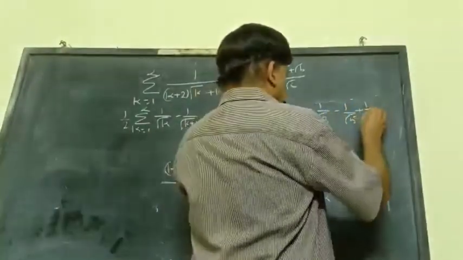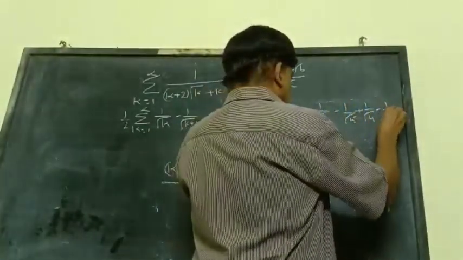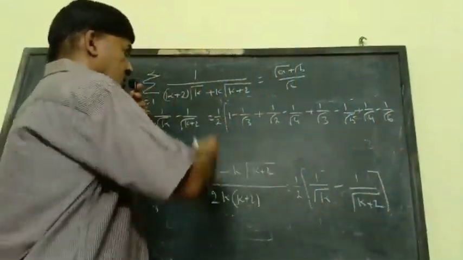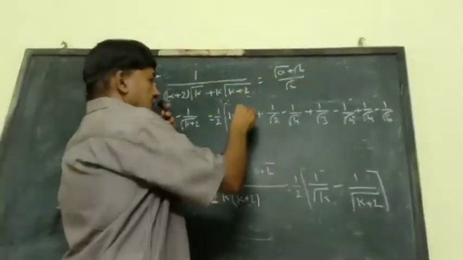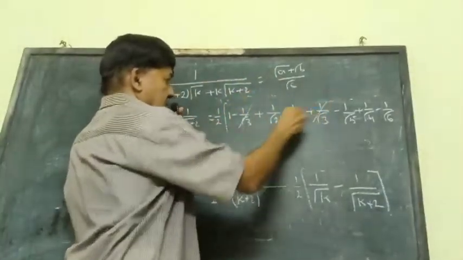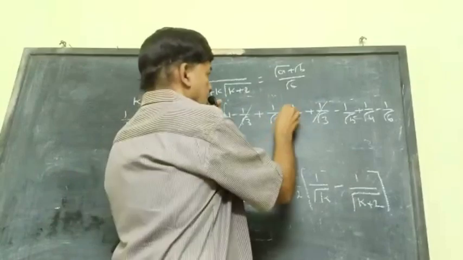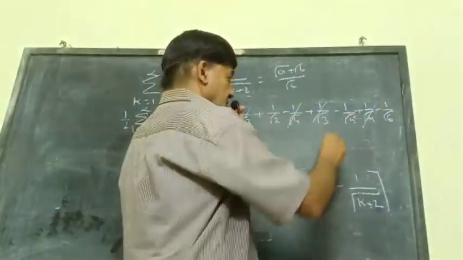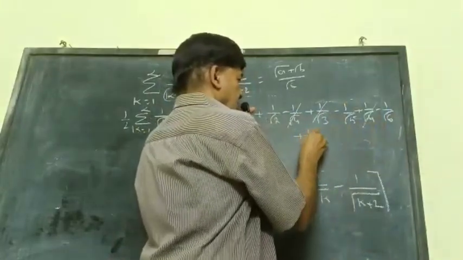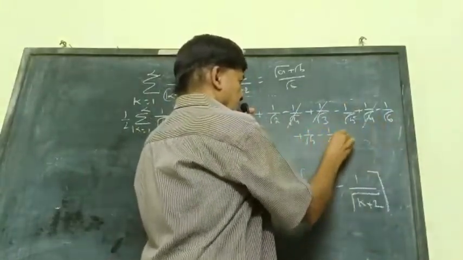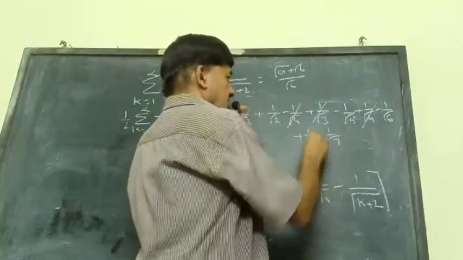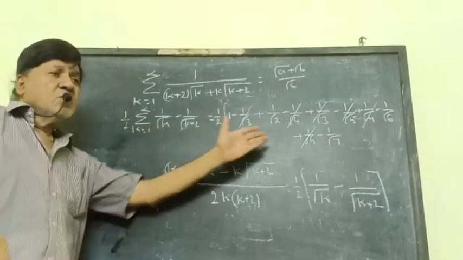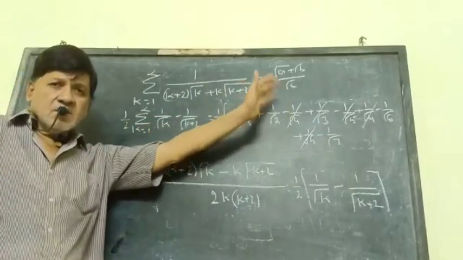Plus k4, 1 by root 4 minus 1 by root 6. You go on writing like that. 1 by root 3 and 1 by root 3, 1 by root 4 and 1 by root 4. Next you are going to get 1 by root 5 minus 1 by root 7. You see, as you go on writing like that, all terms will vanish.